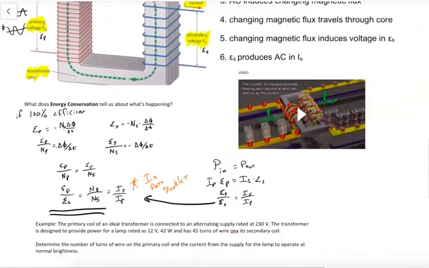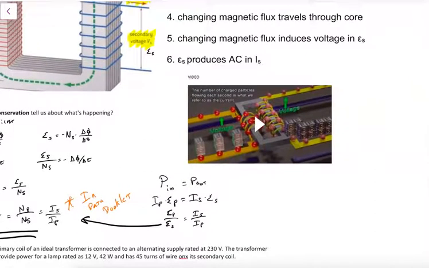Now, you might not still feel super comfortable about what's actually happening, especially since we haven't seen an animation or a video on this. The video that I'm going to link in the YouTube details is a great representation of what's occurring in a transformer.